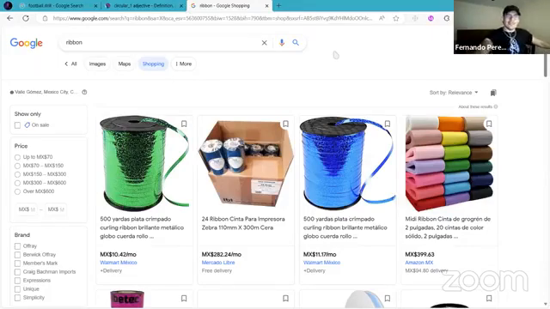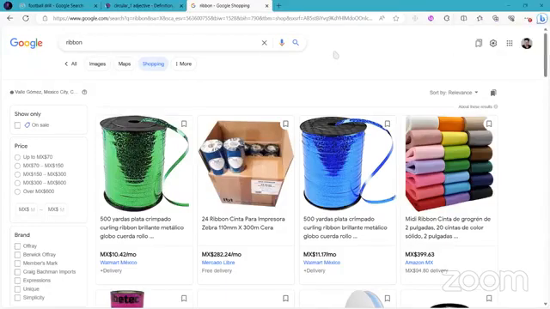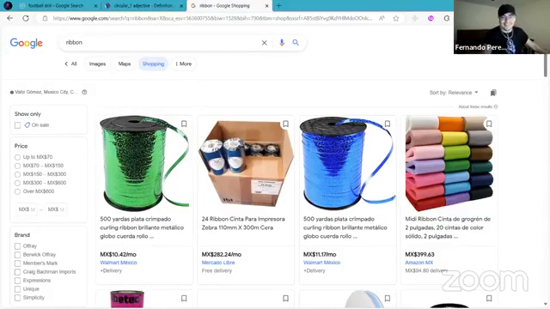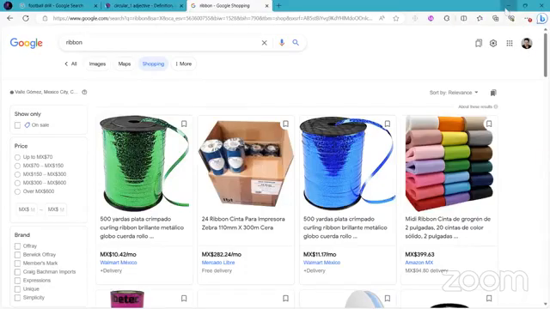What do you need to do with it? Tell me, Perla. I need 1 meter of ribbon, but I have 2 meters of ribbon. I need to cut. And what is the name of cut?